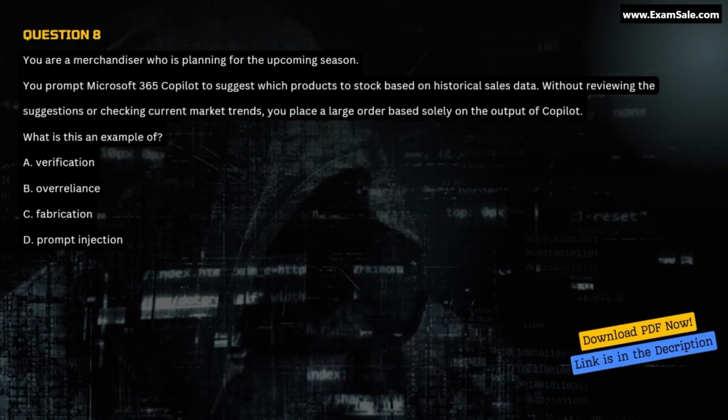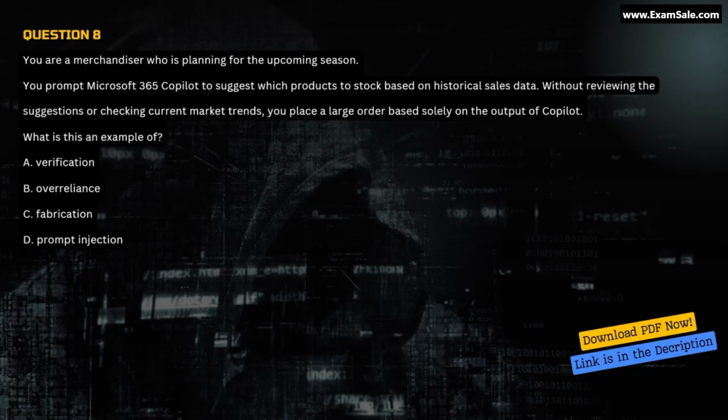Question 8. You are a merchandiser who is planning for the upcoming season. You prompt Microsoft 365 Copilot to suggest which products to stock based on historical sales data. Without reviewing the suggestions or checking current market trends, you place a large order based solely on the output of Copilot. What is this an example of?